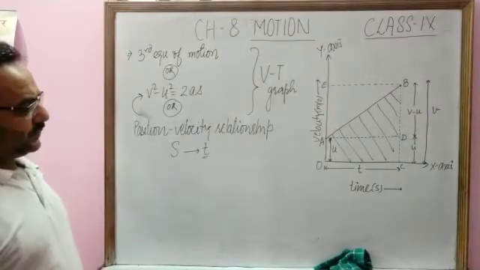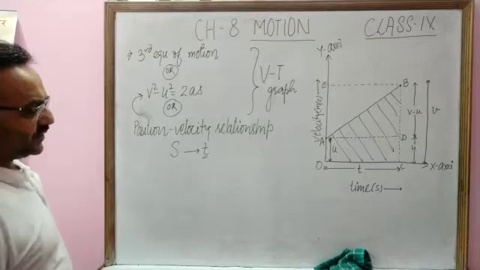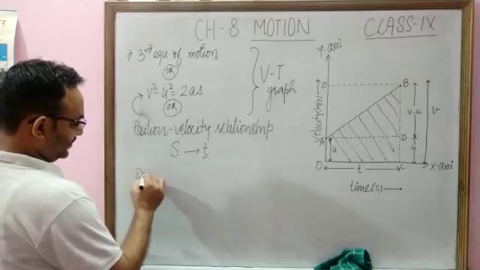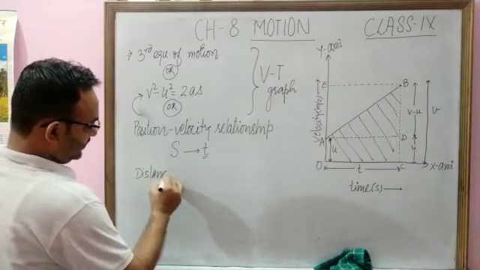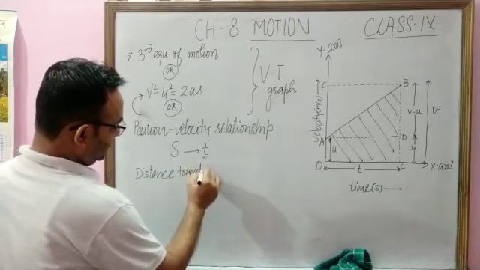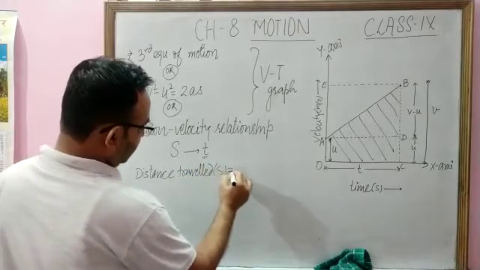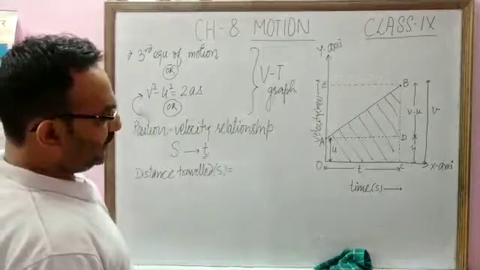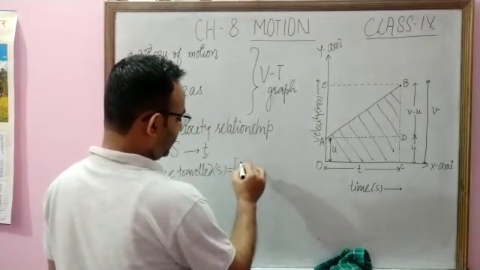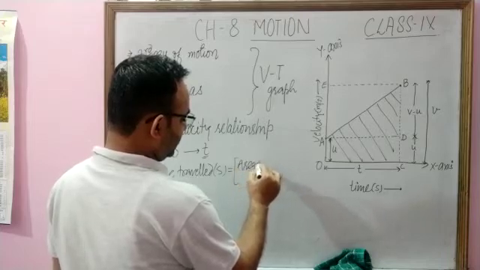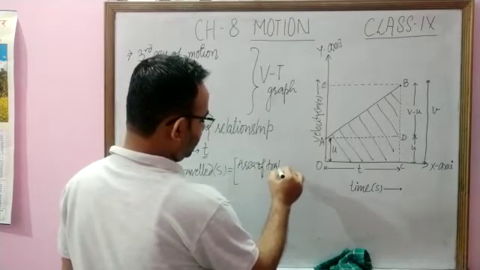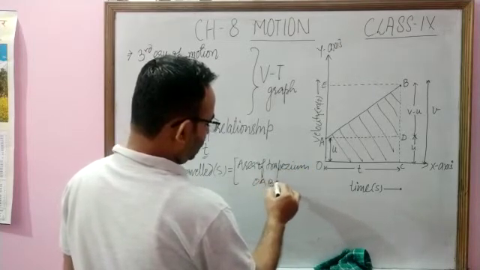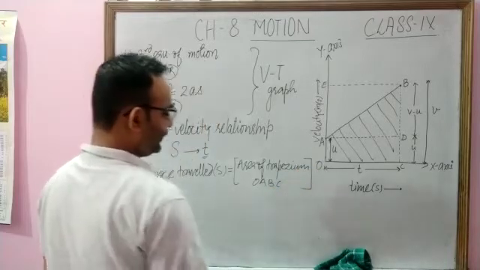So you have to write here, distance traveled is equal to the area of trapezium OABC.